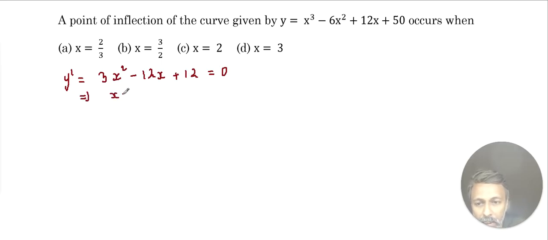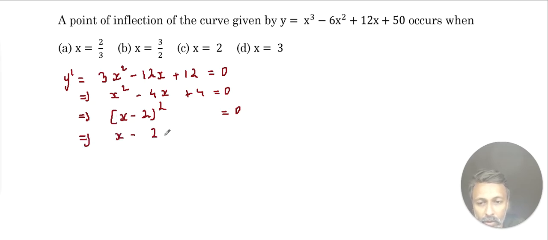So divide by 3, x square minus 4x plus 4 is equal to 0. We obtain x minus 2 whole square is equal to 0, which gives x minus 2 is equal to 0. So x is equal to 2.